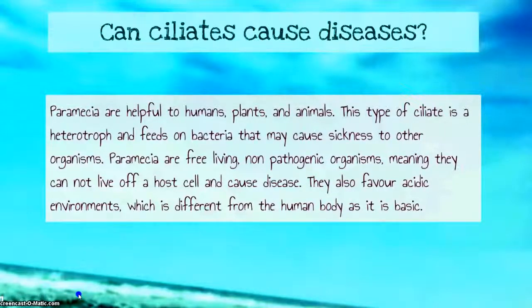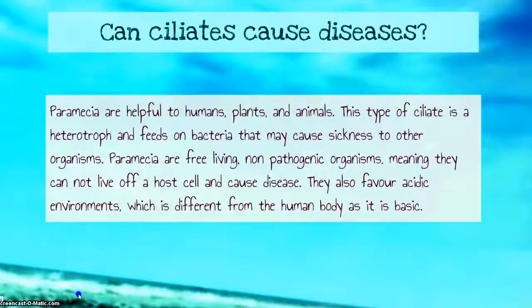Okay, so, a popular question. Can ciliates cause diseases? Believe it or not, paramecia are helpful to living things. As we said before, it's a heterotroph and it feeds on bacteria, which may cause sickness to other organisms. They're also free living, non-pathogenic organisms, so they can't live off a host cell and cause disease.